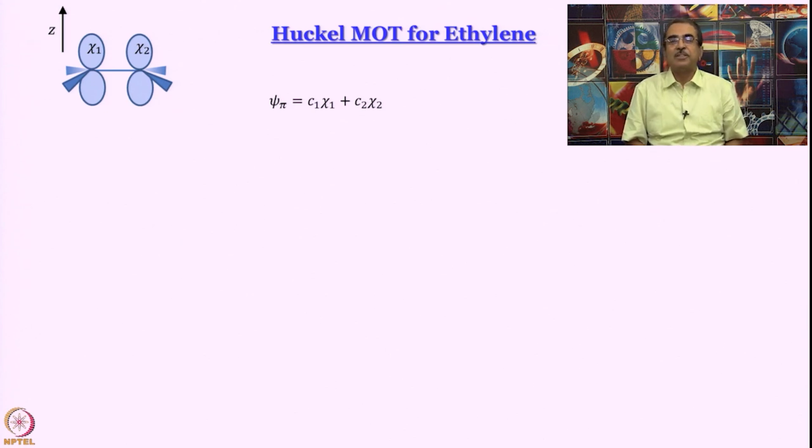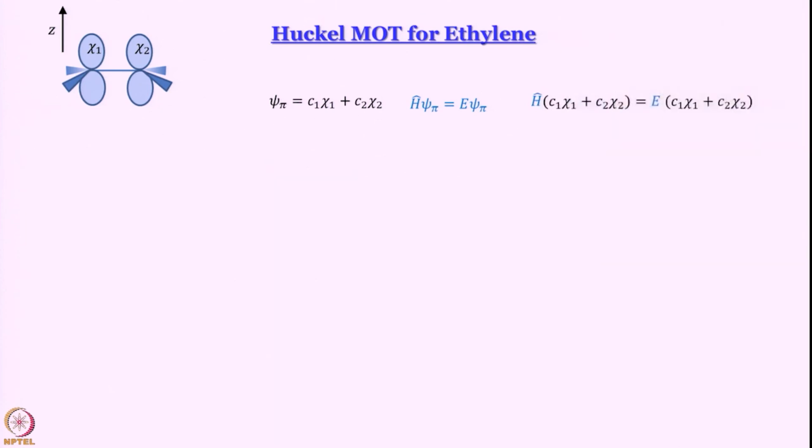Okay. Now, let us write the Schrodinger equation, H psi equal to E psi, very simple. In the next step, let us expand the wave function. What is the Hamiltonian here? Remember we are saying that any electron that we talk about is considered to be moving in an effective potential provided by all the nuclei in question and the other electron.